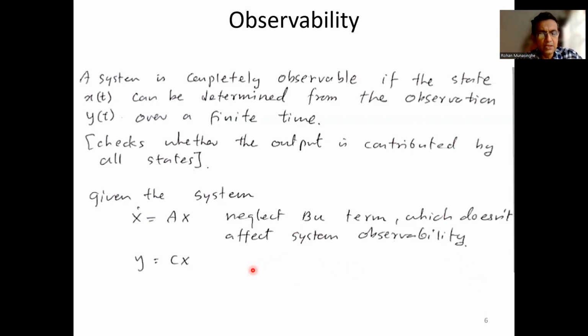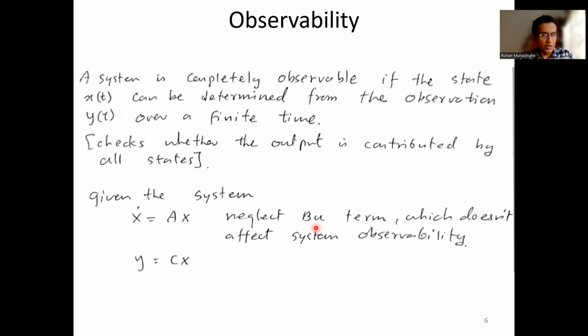here is the mathematics related to observability. We start with the system x dot equals Ax, y equals Cx. Let's neglect Bu, the control signal here, because if the system is observable, it is observable even without the control signal.